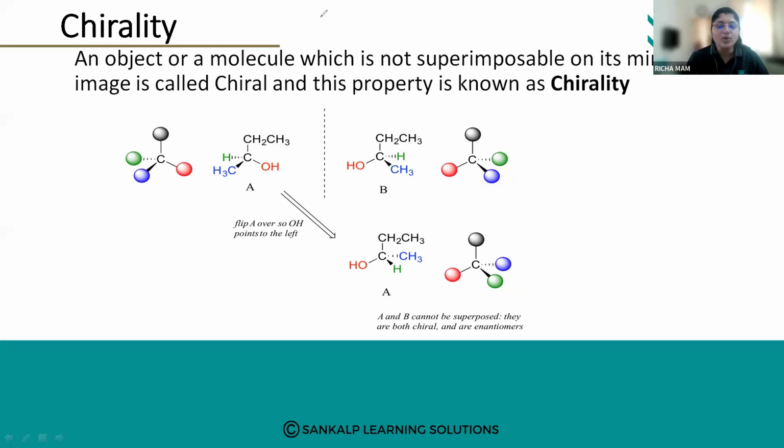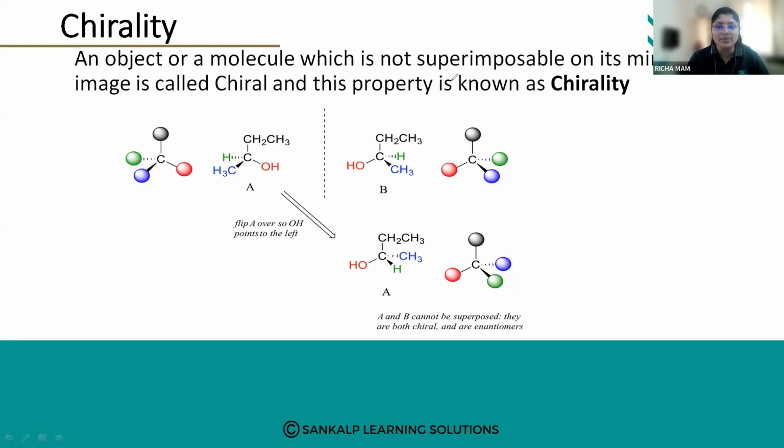So an object or a molecule which is not superimposable on its mirror image is called what? Chiral. And this property is called chirality. Whenever you take any molecule or object, if it is not superimposable, what do you mean by superimposable?